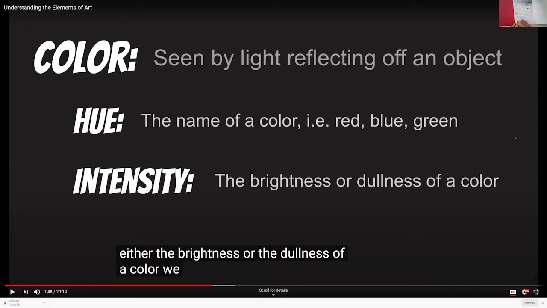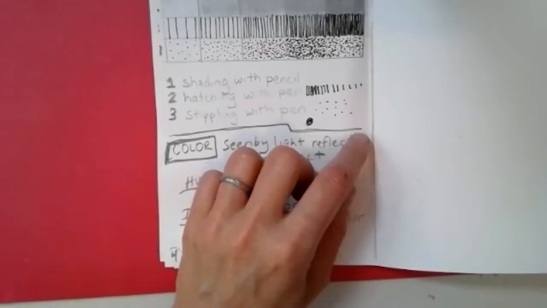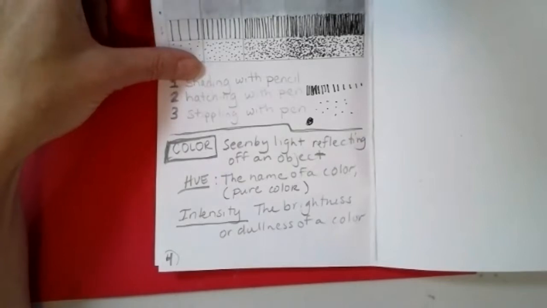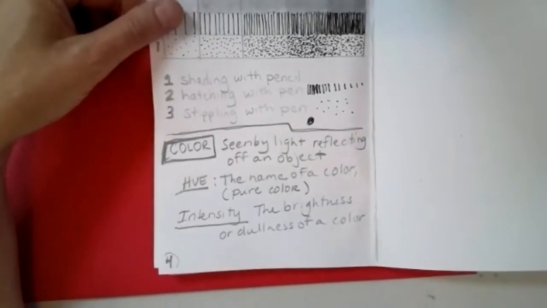And then intensity: the brightness or dullness of a color. All right, so here, this is what we're going to write.